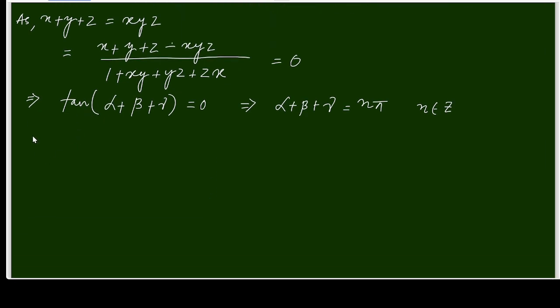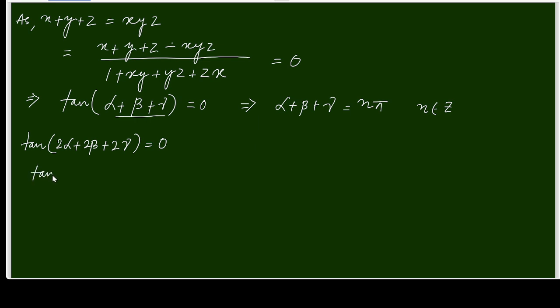Next I'll write tan of twice alpha plus twice beta plus twice gamma. That will also be 0, since alpha plus beta plus gamma is equal to n pi, so this will be 2n pi, it will be 0.